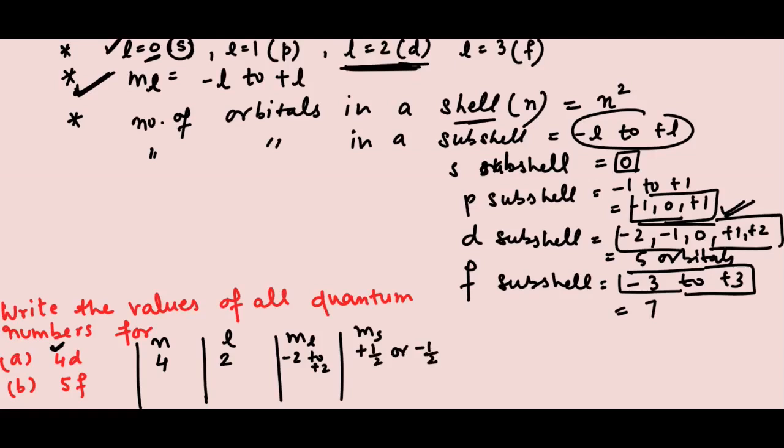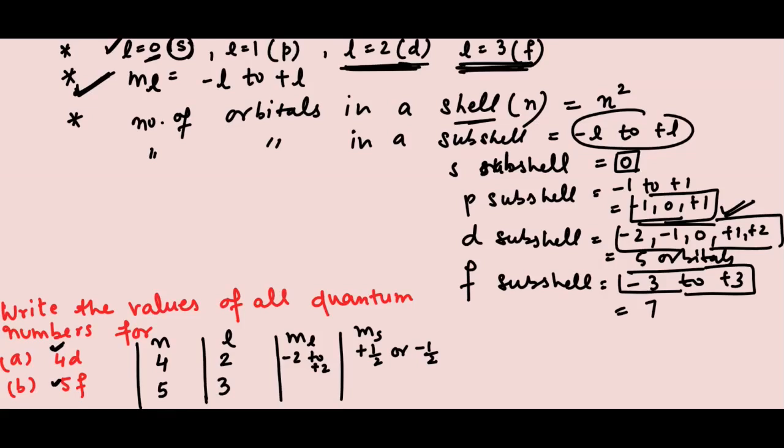Come to the next part. In the next part, the orbital is 5f. In the 5f orbital, the principal quantum number is 5 because 5 is the shell. Which is the subshell? The subshell is f. For the f subshell, the value of L is 3. I'm writing 3.